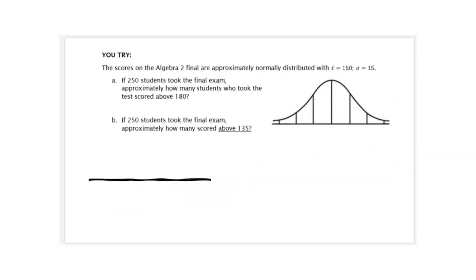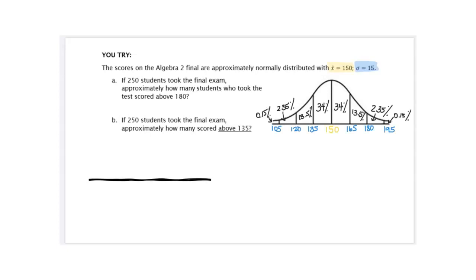All right, next problem. The scores on the Algebra 2 final are approximately normally distributed with a mean, or x-bar, of 150 and a standard deviation of 15. Let's first fill in our normal distribution curve.